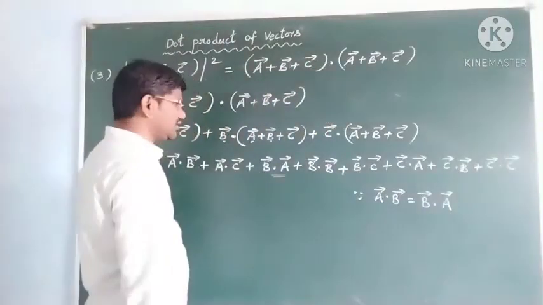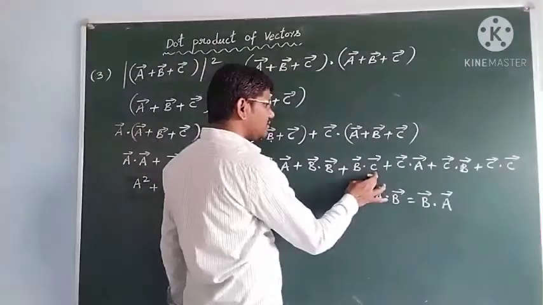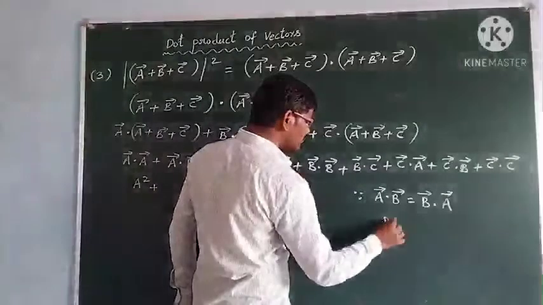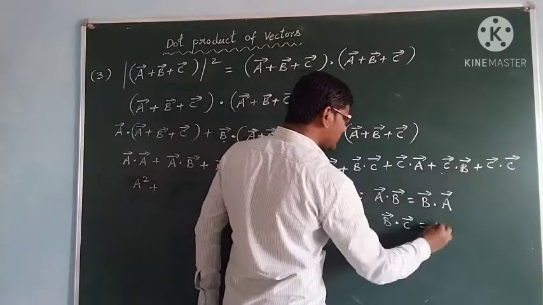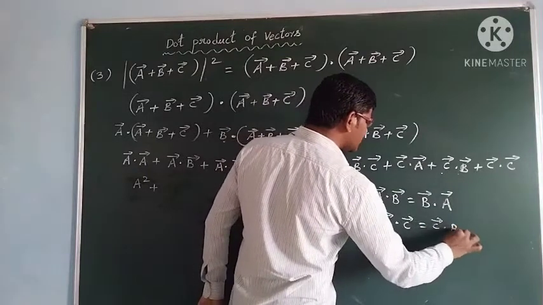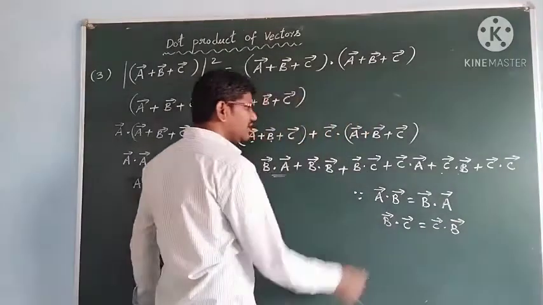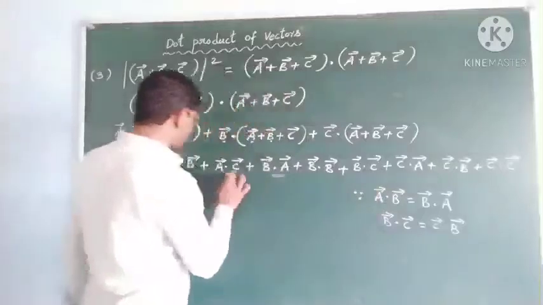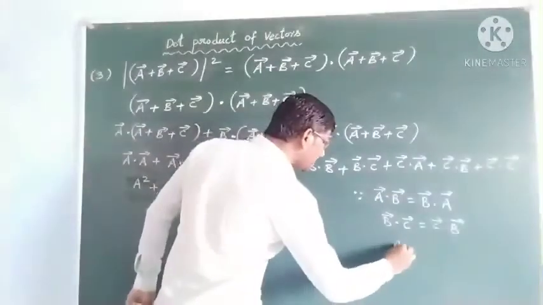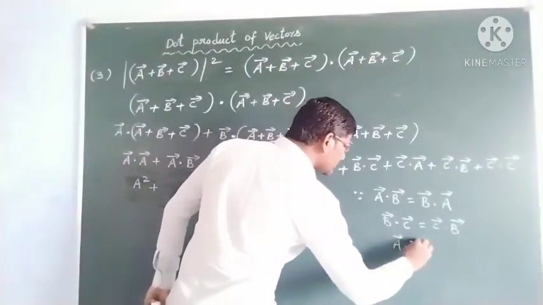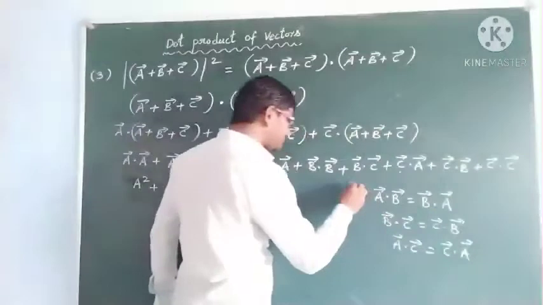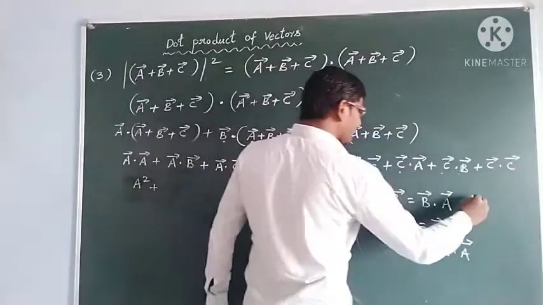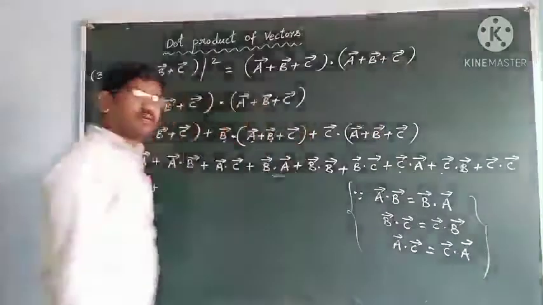Similarly, b bar dot c bar is same as c bar dot b bar. Similarly, a bar dot c bar is same as c bar dot a bar. Okay, that is the given data, you know.